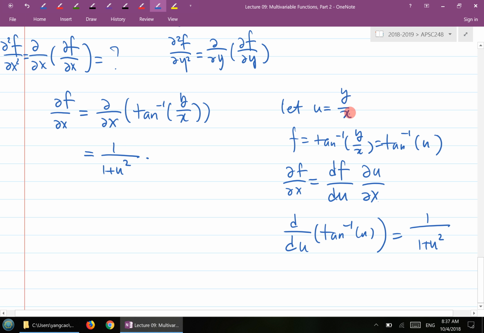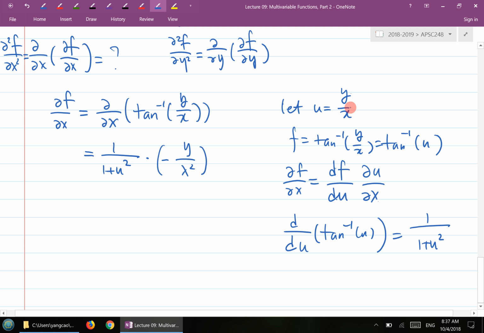This is just y over x. So which variable do we treat as a constant? y. When you treat y as a constant, if your mind doesn't believe you, you can temporarily replace y with a real constant, but then you have to put it back. And this gives you negative y over x squared.